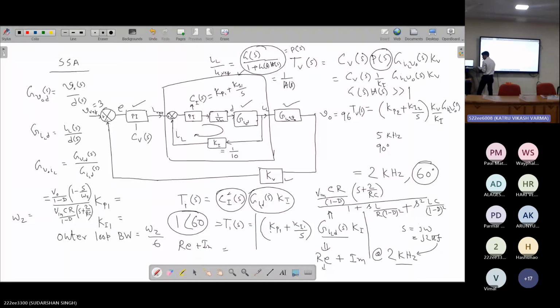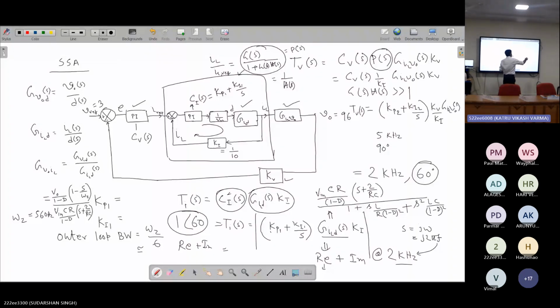Around 540, approximately 560 hertz. So it is more than 90 hertz, and you can approximate it as 100 hertz.